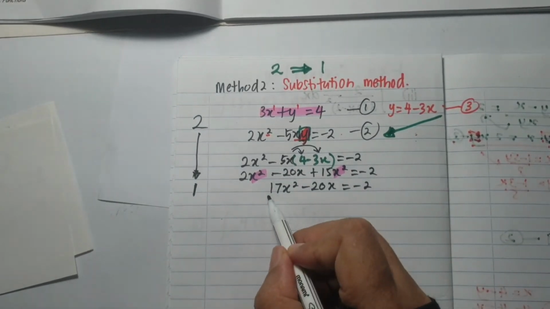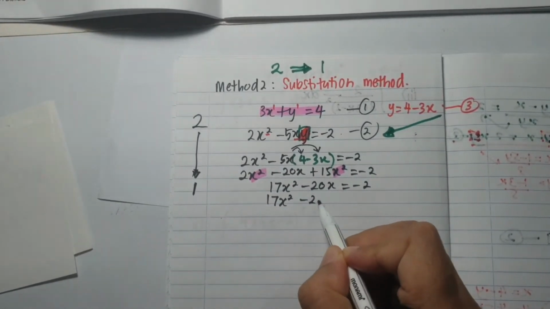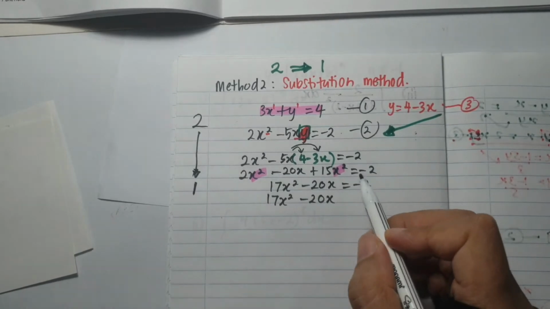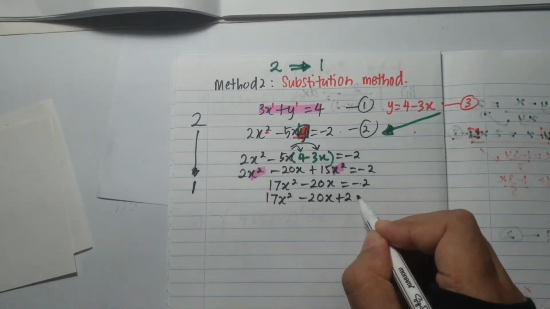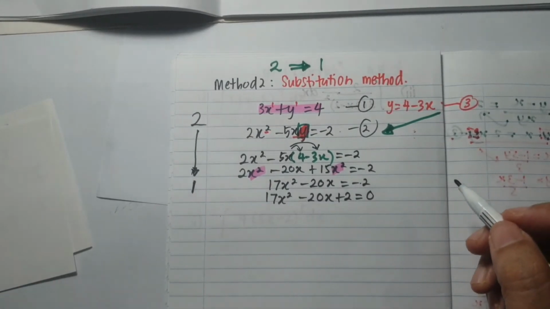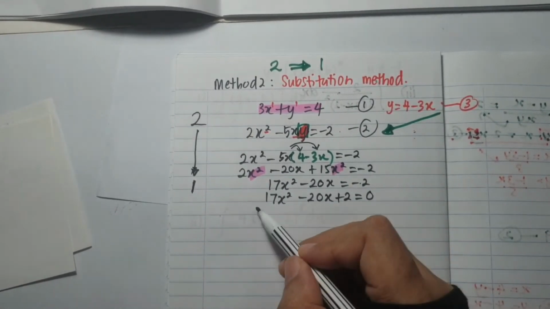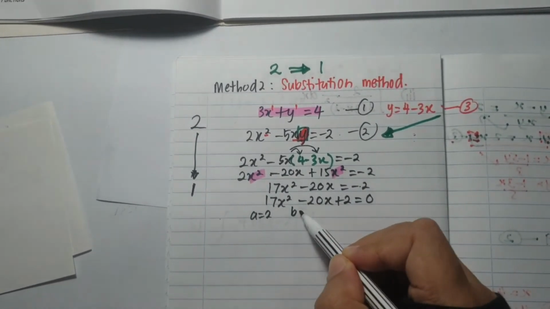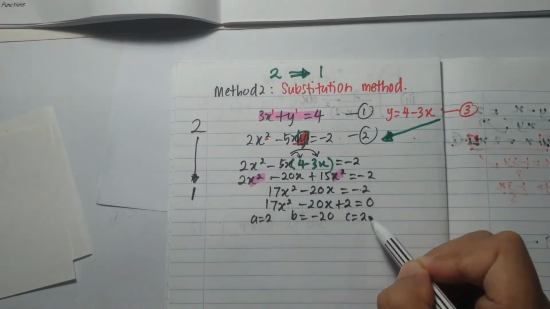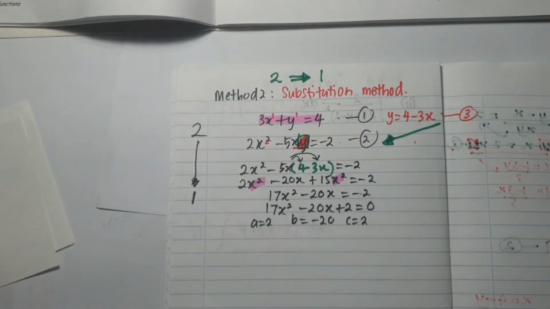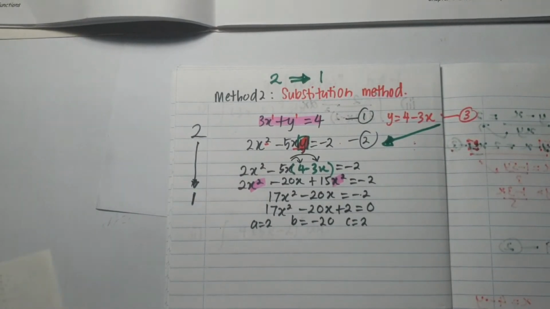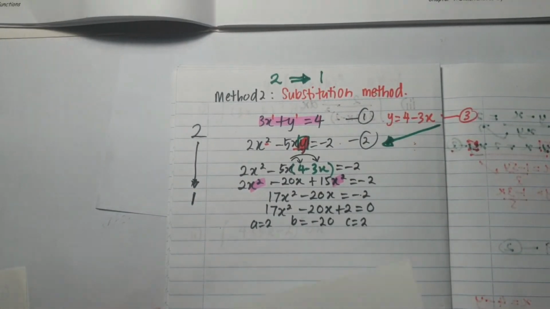So from two variable now you dah jadikan dia consists of one variable. Okay, so now once you nampak saja you ada quadratic power of 2 here, always arrange in general form. Negative become positive. Make it equals 0. And then your A is 17, your B is negative 20 and your C is 2. Now, let's put in the quadratic formula. Okay, so what is the quadratic formula?